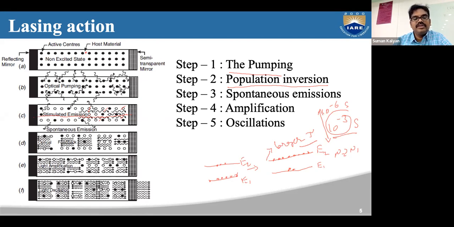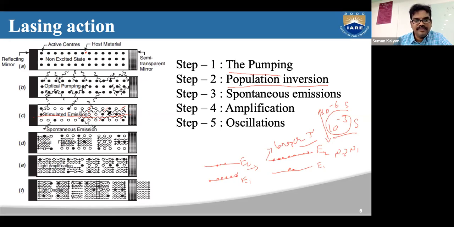Because they stimulate the higher energy atoms, more photons are generated. This is stimulated emission happening here. These photons come here and are reflected back, and from there again photons travel in this direction.